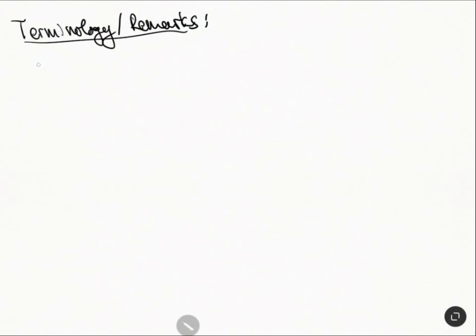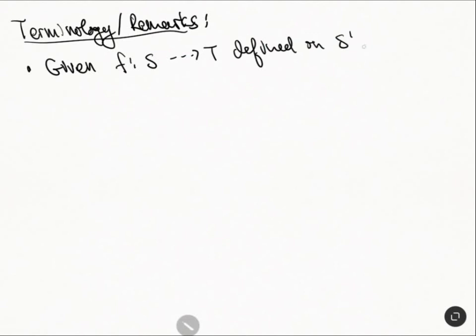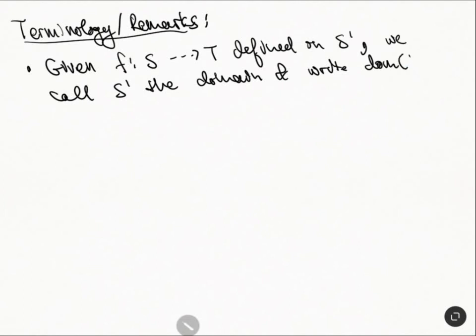So first, given f from S to T defined on S prime, we call S prime the domain and we write it like this.